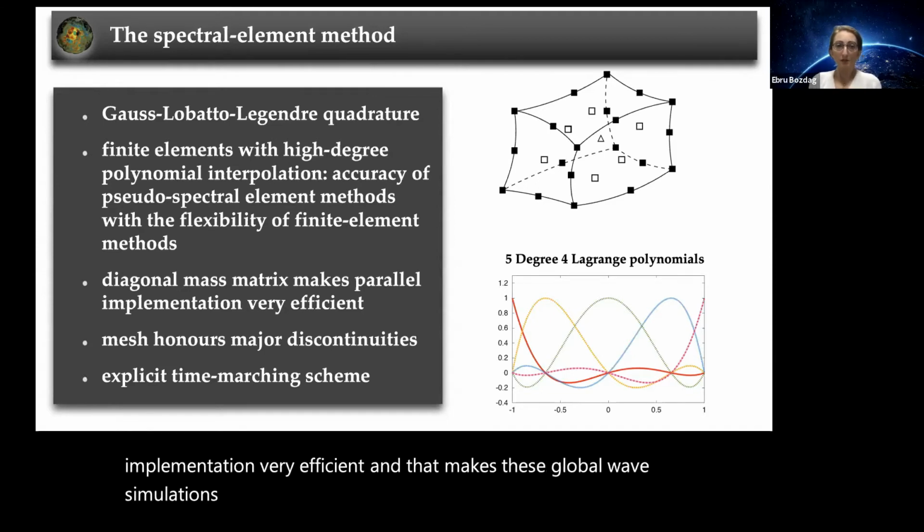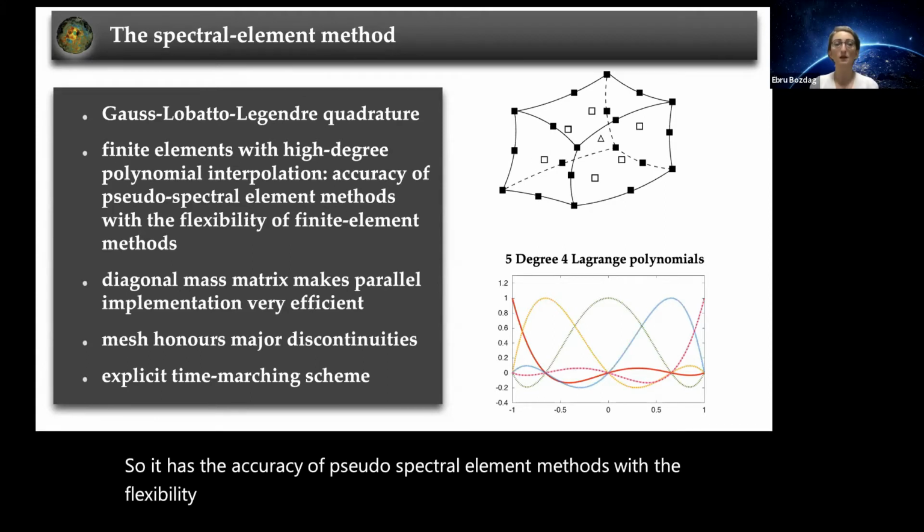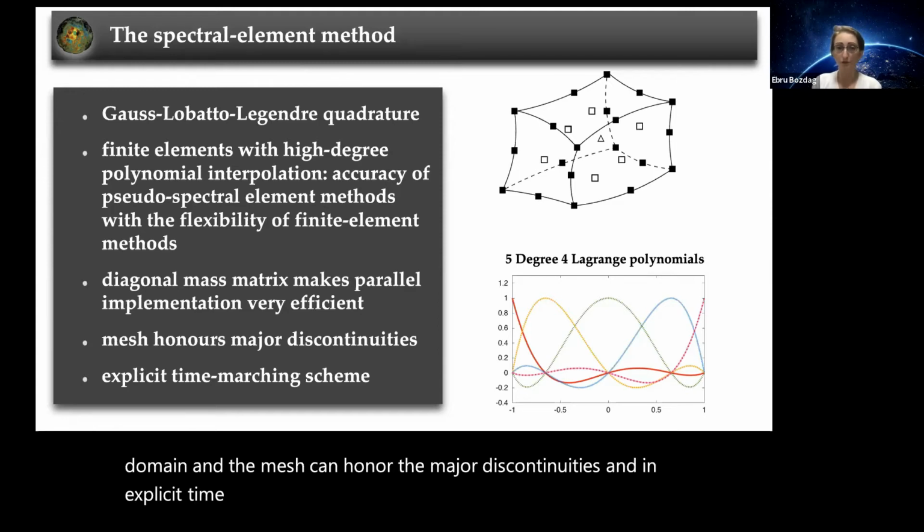So the spectral element method is a higher order finite element method. It has the accuracy of pseudo-spectral methods with the flexibility of finite element methods in terms of meshing the spatial domain. The mesh can honor the major discontinuities, and an explicit time marching scheme is being used.